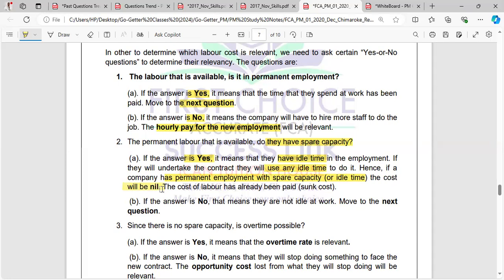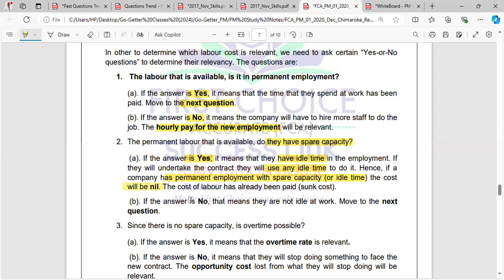So it means your idle time, your working time has been paid for in your salary. Unlike people that are temporary in nature, you just call them and you pay them for the job they do. Permanent employees are not paid like that. Your salary has been paid. So that spare time you have, you'll be brought in to do the job at no cost to the company.